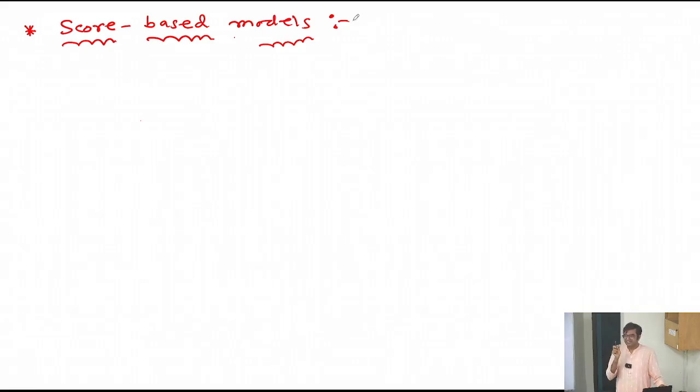But the main ingredient of a score based model is a network which I don't think is called score network in the literature or not, but I like to call it score network. The basic ingredient of a score based model is a neural network, which I will refer to as the score network.